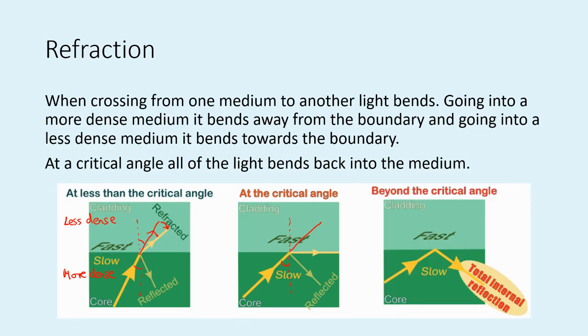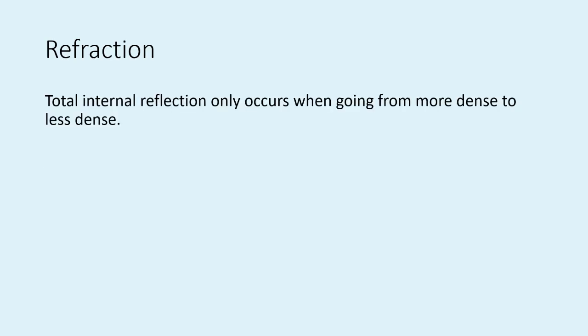And if you go just a tiny bit further, then we get what's called total internal reflection, where all of the light bounces back inside our material. Now, just note, this only occurs when going from more dense to less dense, because if we go the other way, then it doesn't work at all.